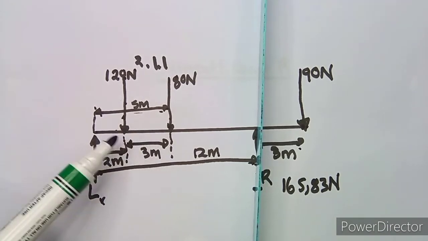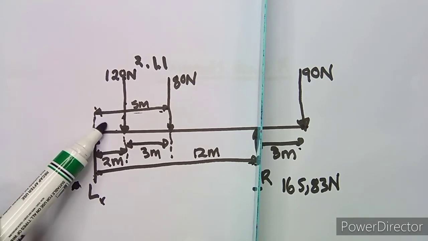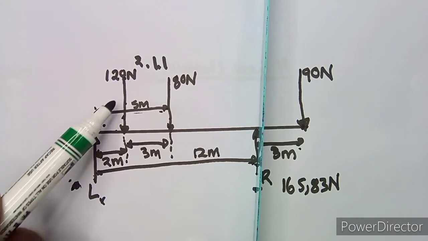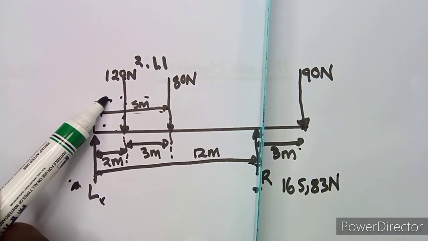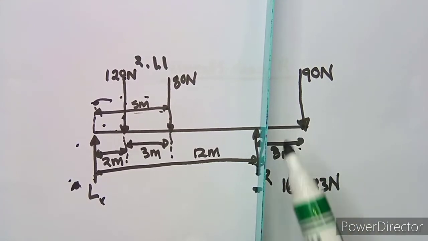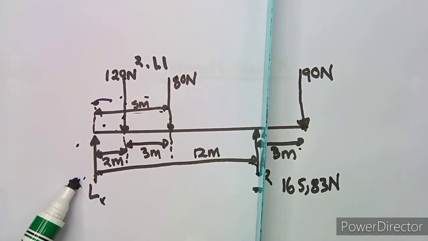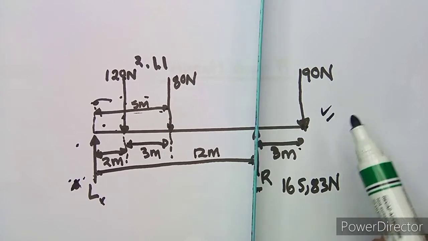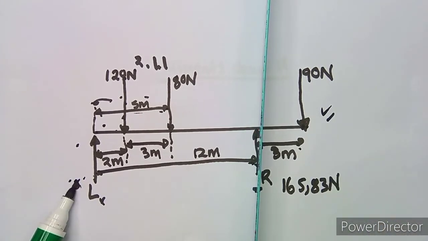So these ones are going to oppose L because they're on the same side of L and they're pointing downwards. L is pointing upwards. So these two are going to be on the opposite side. But this one, since it is on the opposite side of L, is going to work hand in hand with L. Take note, guys.